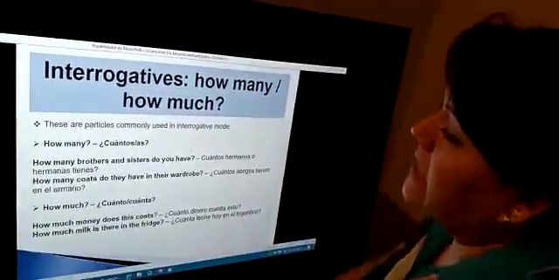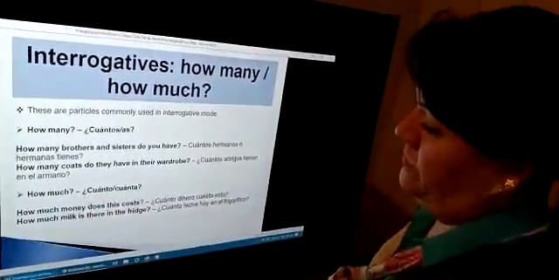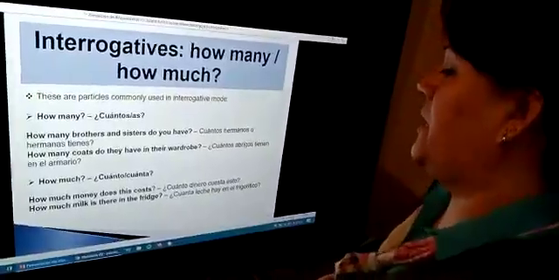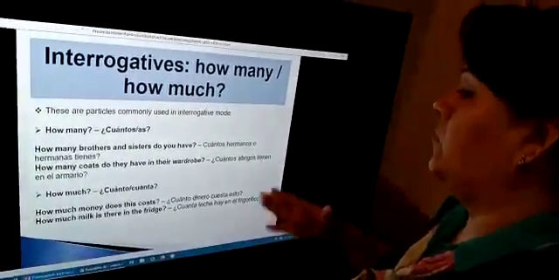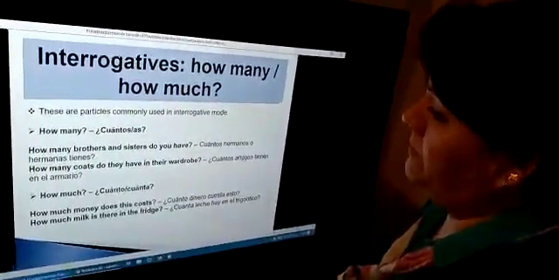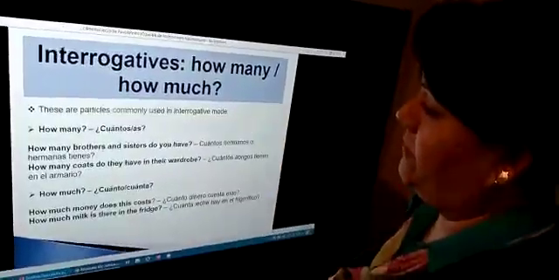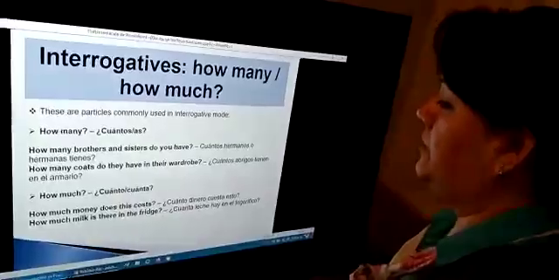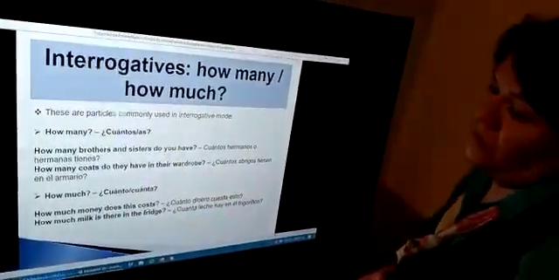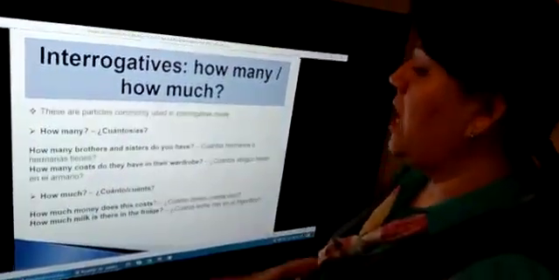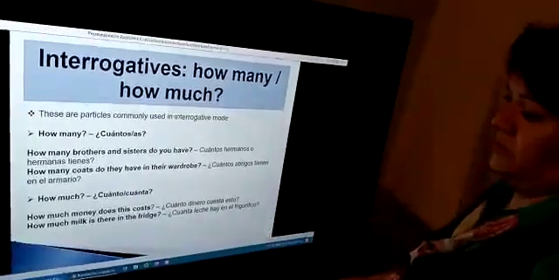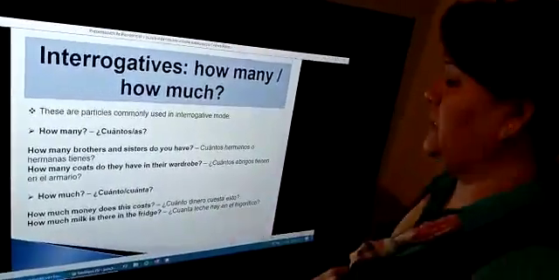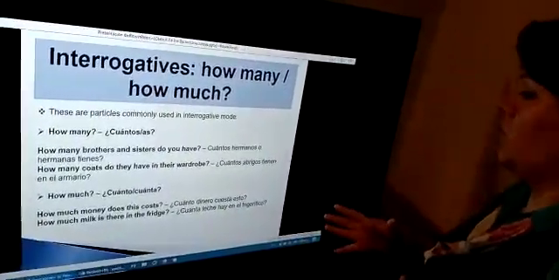The next is how much. How much in Spanish is cuánto o cuánta. See? It's two different forms. How many or how much. Look at the example: how much money does this cost? In Spanish, ¿cuánto dinero cuesta esto?